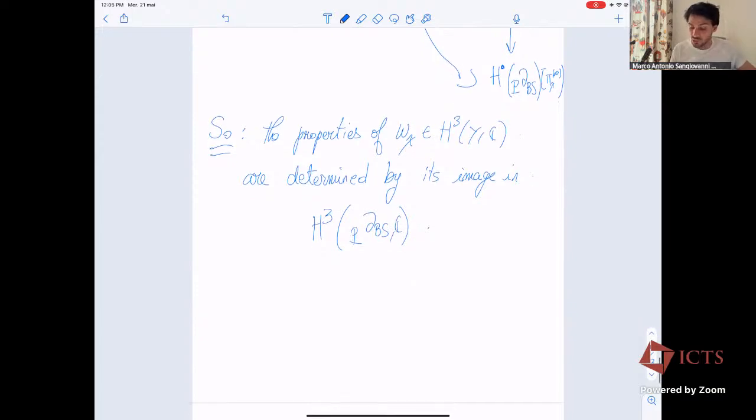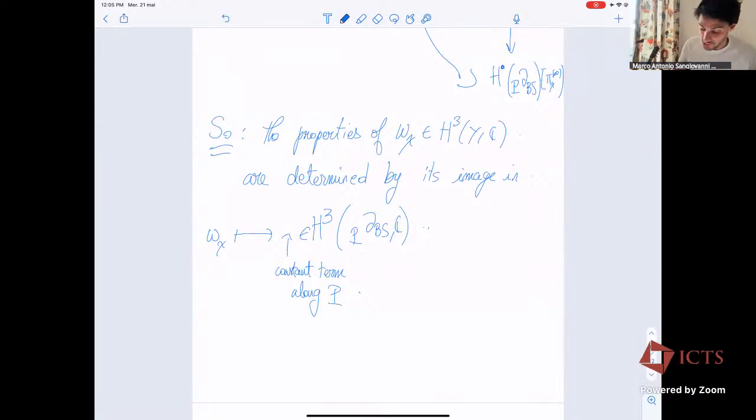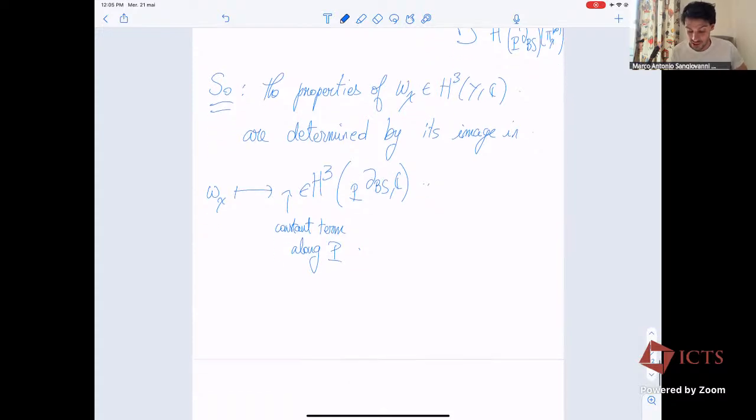But what is this image? Omega chi maps to its constant term along P. And this is explicit, which will give you an element of the H3 of the P boundary component of the Borel-Serre compactification.